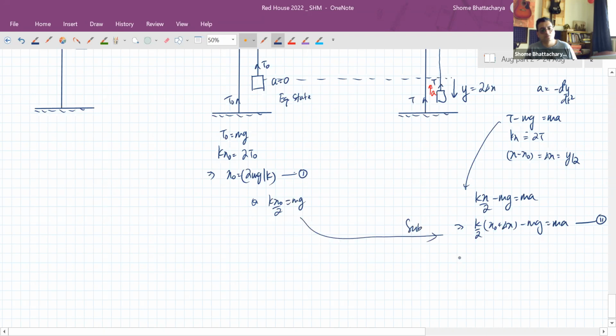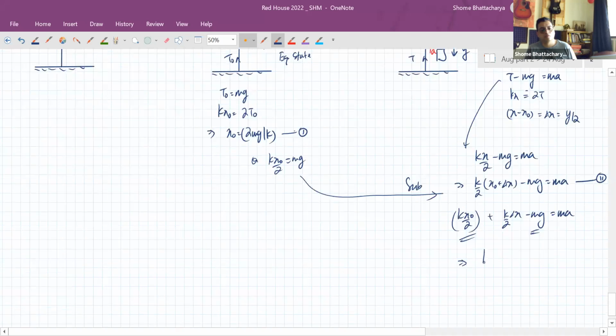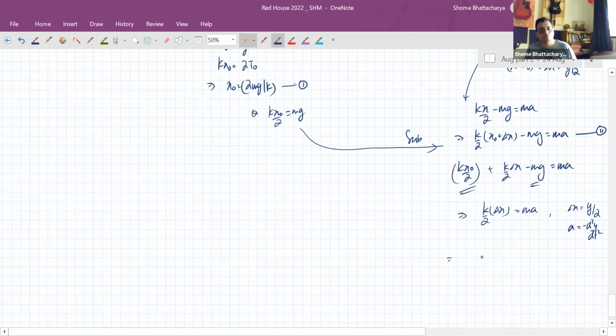So this term equals this term. So we've got k by 2 delta x is equal to ma. And we had that delta x was equal to y by 2. Okay. And a was equal to minus d2y by dt square. So you got the equation of SHM for the block.